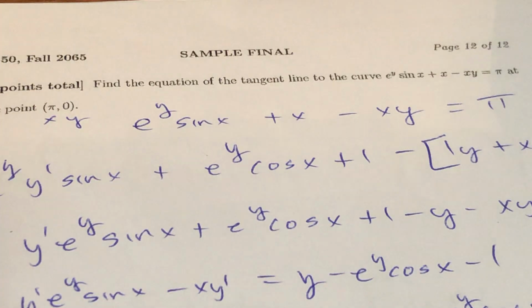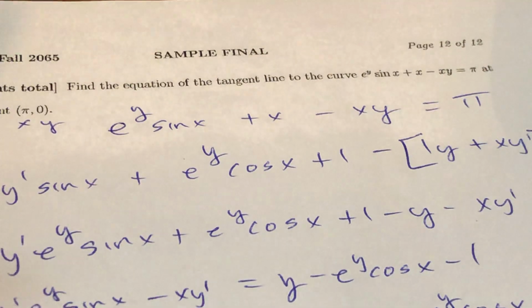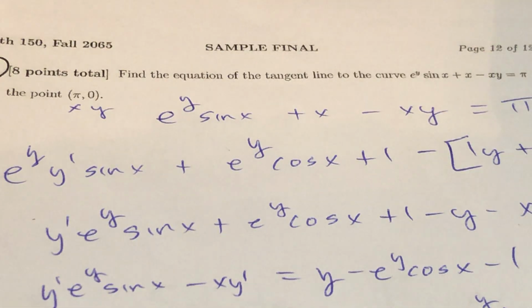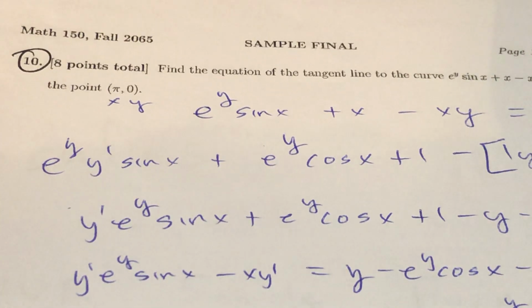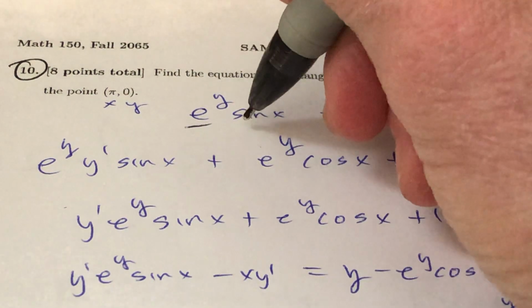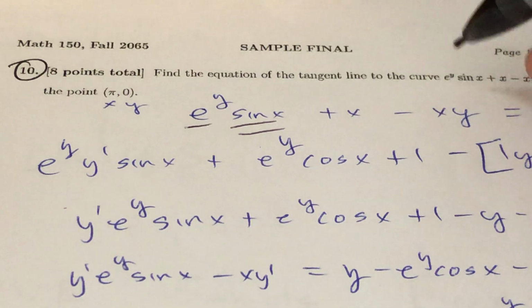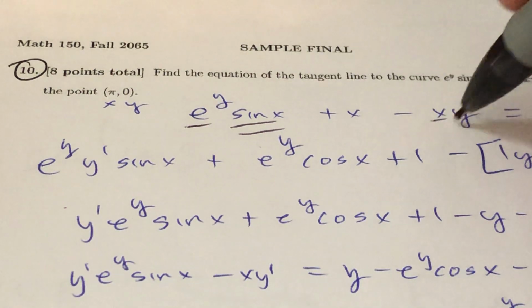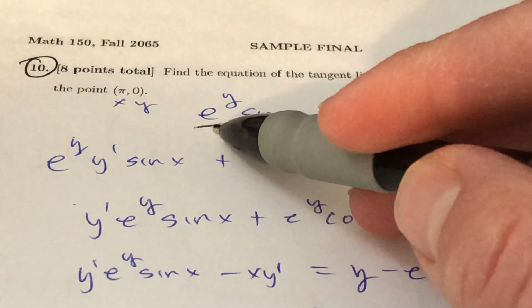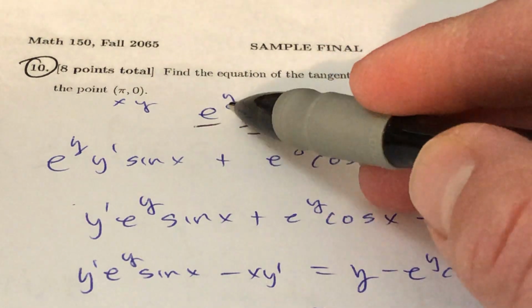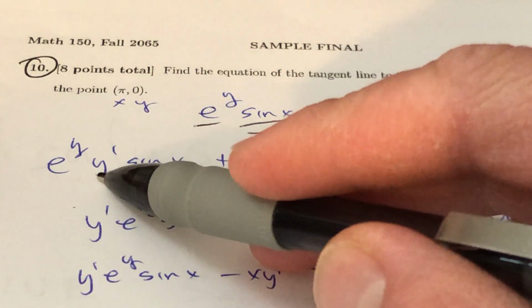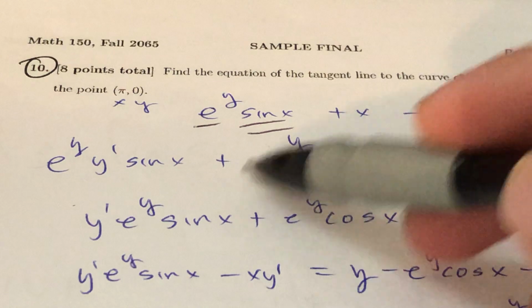Okay, this is implicit differentiation. These y's, I can't say y equals blank in terms of x. So they're not going anywhere. So I have the product rule there and here. Derivative of the first. So now it's e to the y times y prime times the second plus derivative of the first.